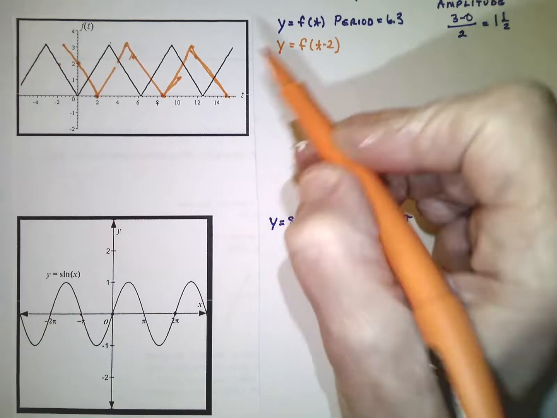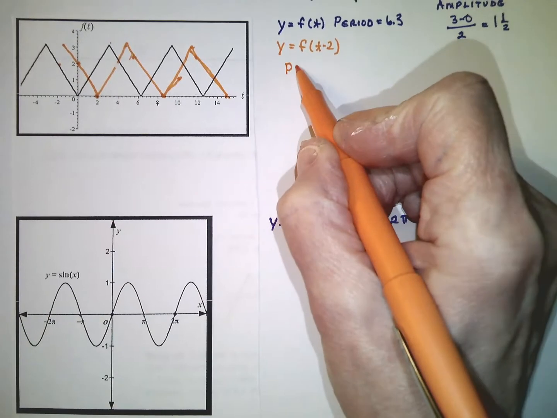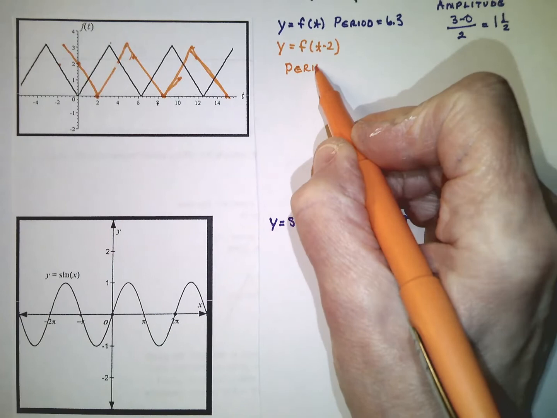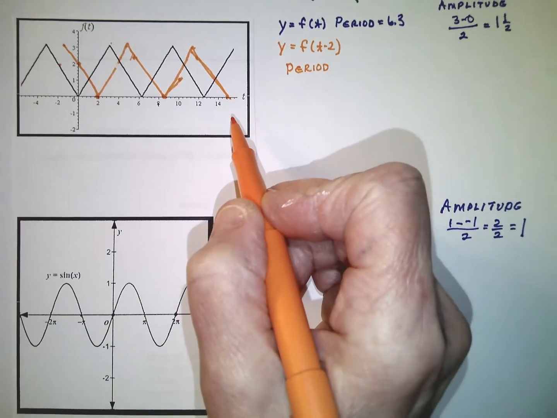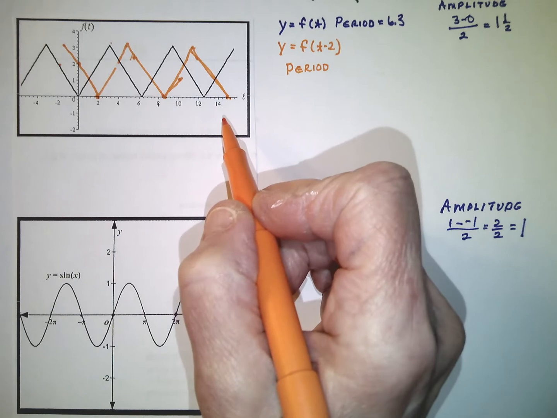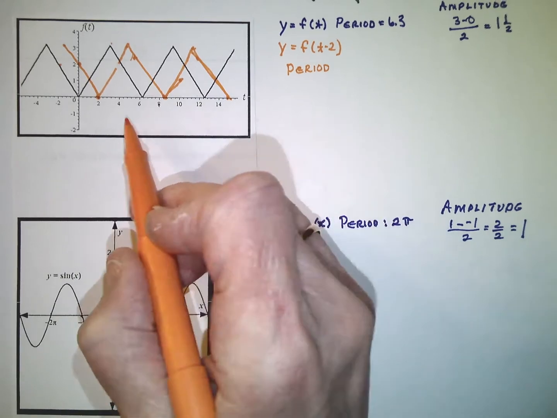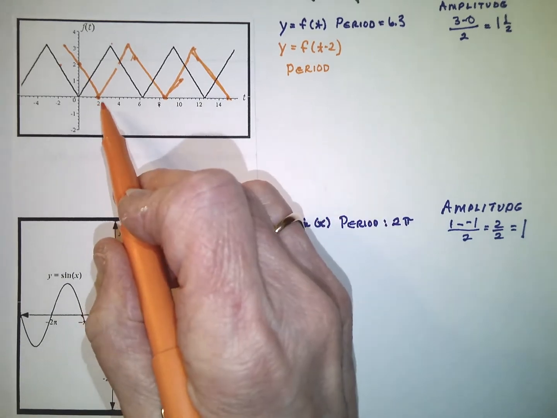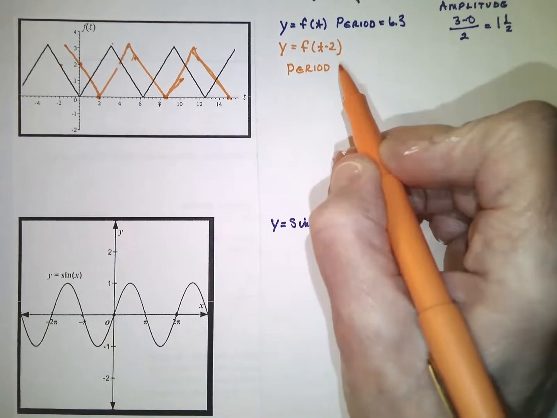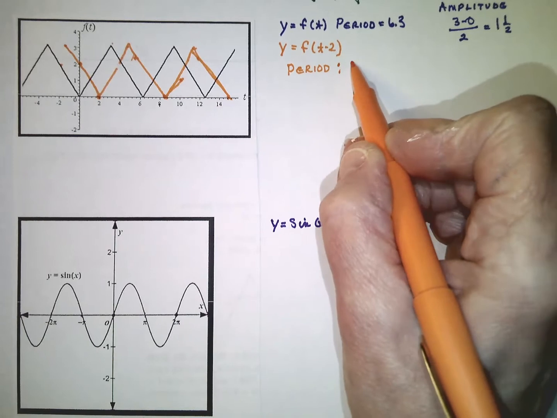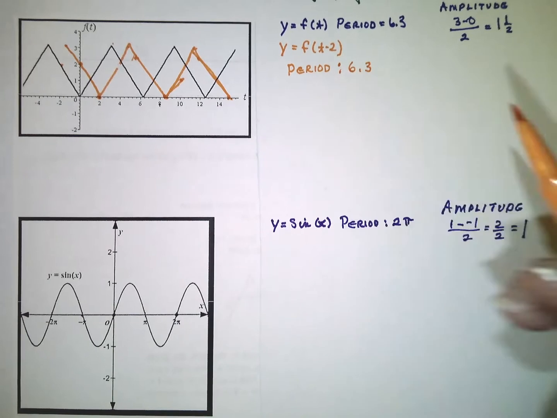What I was most interested in, what is the period after we've moved it over by 2 spaces? Well, it's going from 2 to 8 and a little bit more. Looks like the period is still 6.3.